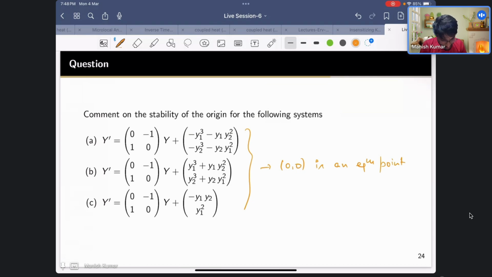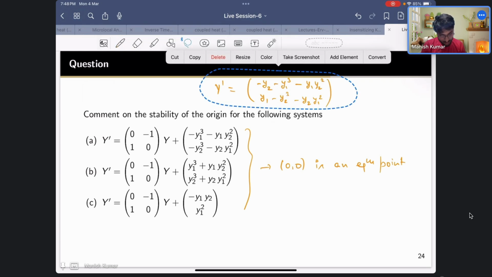Let me write this as y prime: the first component is minus y2 minus y1 cubed minus y1 y2 squared, and the second component is y1 minus y2 cubed minus y2 y1 squared. This is the system that we have in our hand.